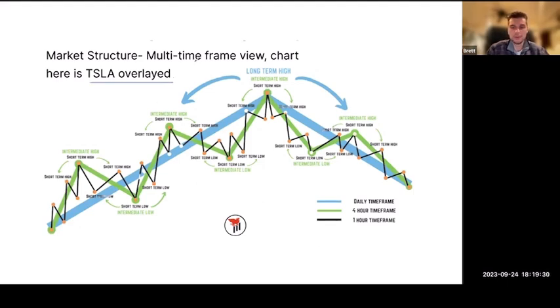I believe this is from early 2021. And this is obviously not your traditional candle chart. They're just line charts. But what I want you to understand here is that a daily time frame may be in a very simple uptrend, right? And yeah, it's super easy to get behind a daily uptrend.